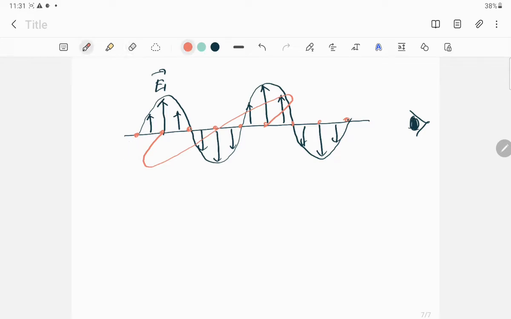So we start from here, and then you can see that there is a phase difference of that much. Now let us again draw the components, that means the amplitude of the electric field. It will come up like this.